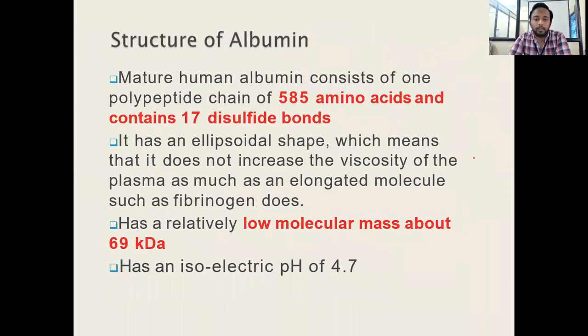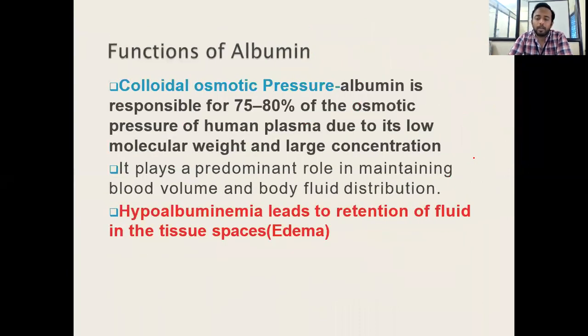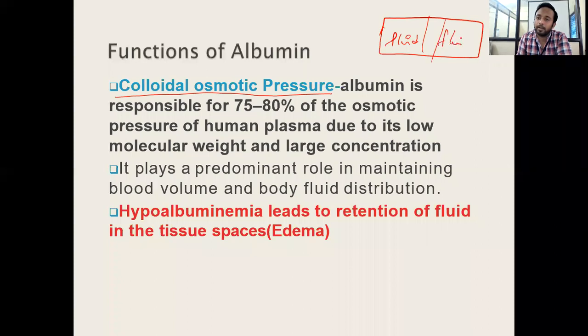The structure of albumin you do not need to know. As for function, as I mentioned, it is one of the important proteins for colloidal osmotic pressure, which helps to maintain the fluid in different compartments. You have ECF, ICF, so in all those compartments the fluid has to be maintained in its own particular compartment. That is one of the important functions of albumin.